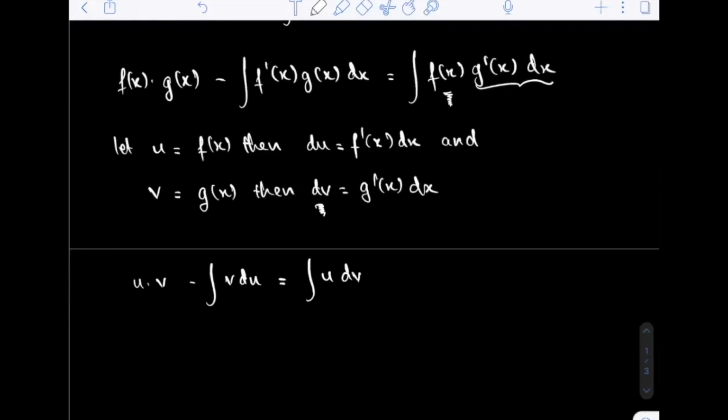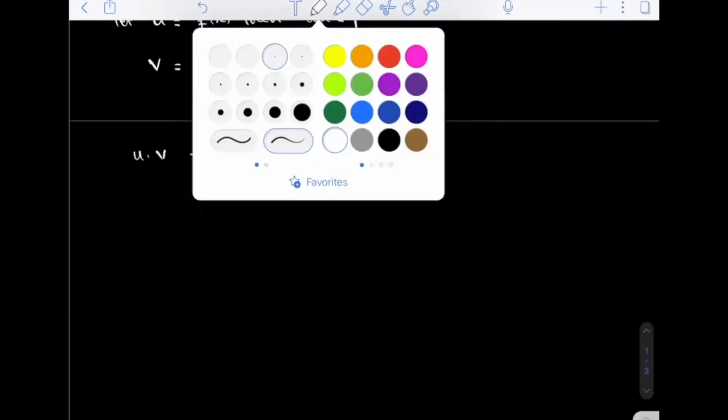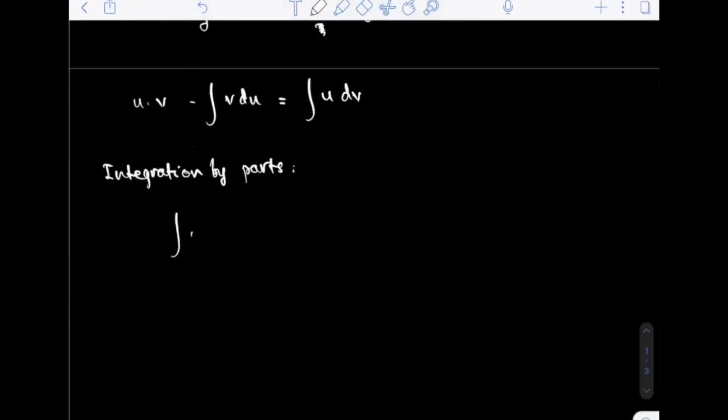So that is the formula for integration by parts. The integral of u dv is equal to uv minus the integral of v du.